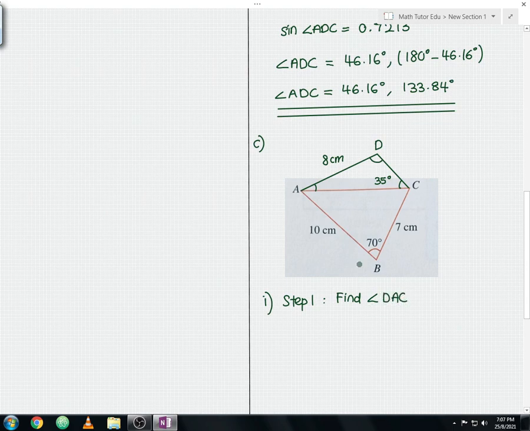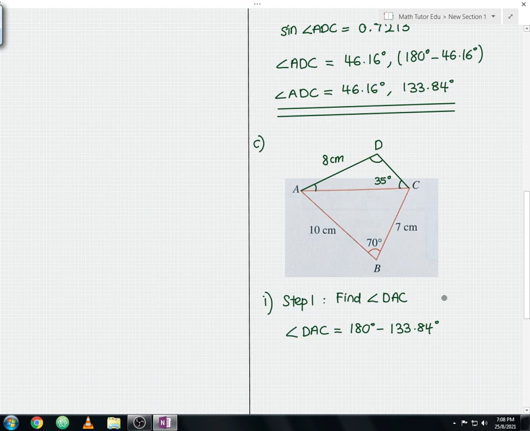In order to find the angle DAC, it will be equals to 180 degree minus with 133.84 degree.